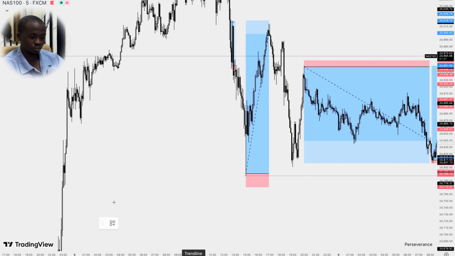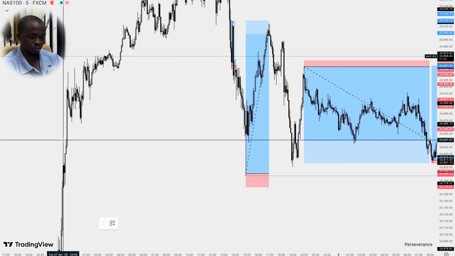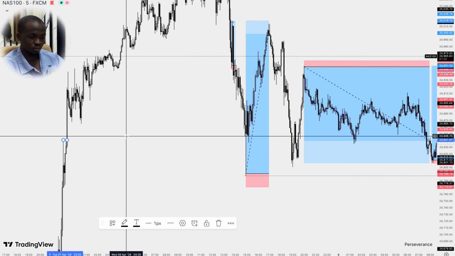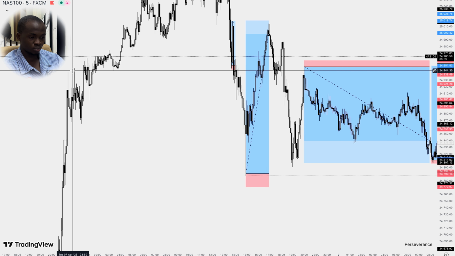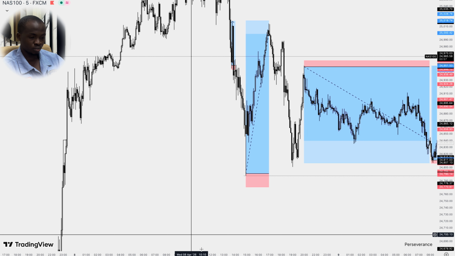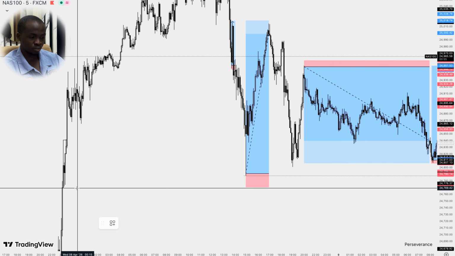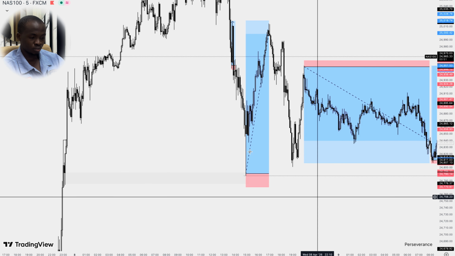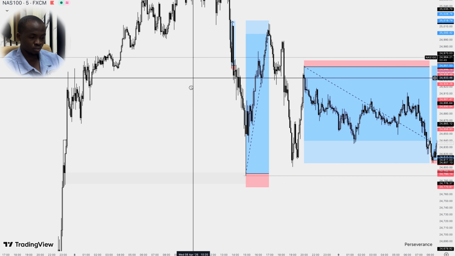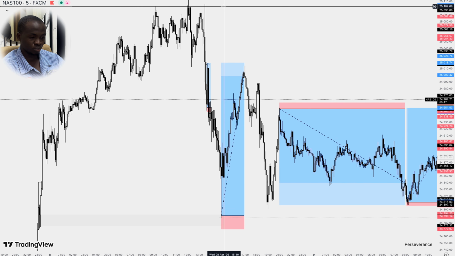So we had a break of structure here. We have our inducement, of course, confirmed inducement with another break of structure. Then I was actually expecting price to come tap into this point of interest. Then I will look for a buy position to the upside to take out this high.